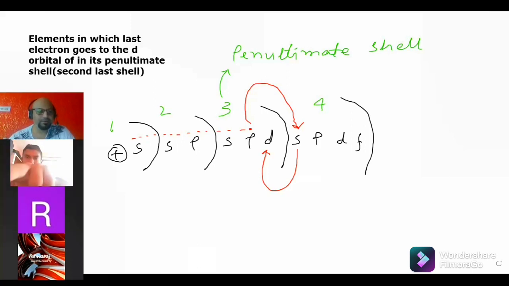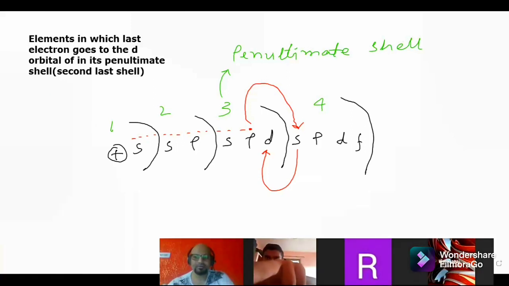The line which you have drawn from S to P, you said the electron jumps from P to S, then it comes to D. But why that, sir? Can't it normally come to D, since it is already in the second last shell? No, normally it doesn't happen. That is what I'm trying to say.